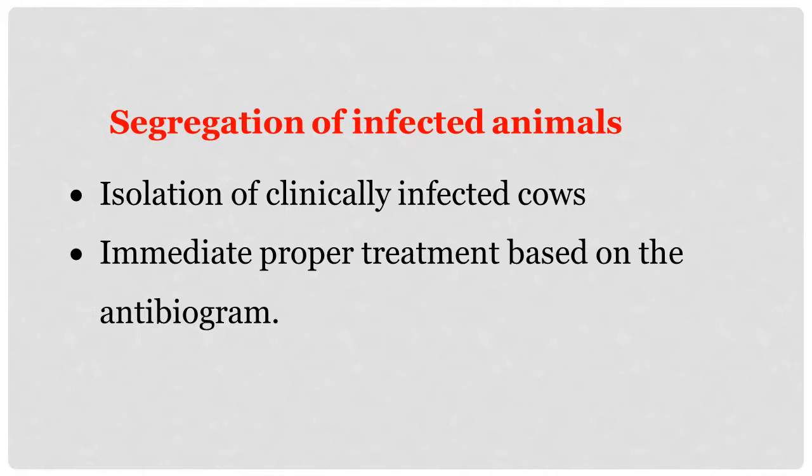Then follow immediate, proper and complete treatment based on antibiogram. What is antibiogram? I have already discussed it in the treatment aspect. It is nothing but certain specific antibiotics effective against a specific organism that can be identified and can be performed clinically. It is nothing but an antibiotic sensitivity test.